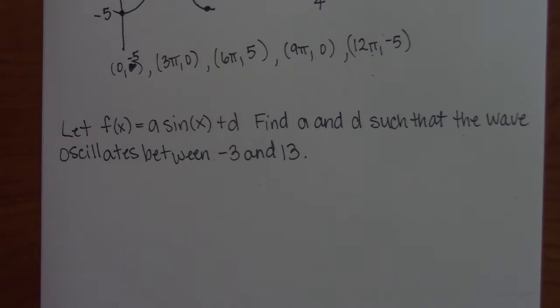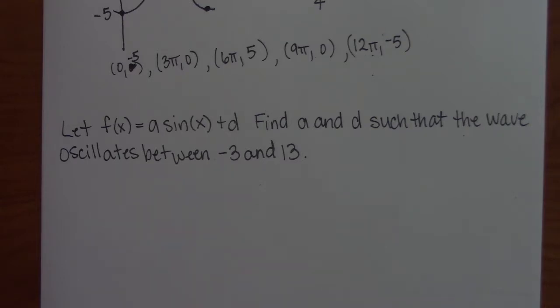Then they told you they want you to find A, which is the amplitude, and D, the vertical shift, for a wave that oscillates between -3 and 13. Oscillates just means bounce. They've actually given you the range of the wave, because that means this wave goes from -3 to 13. So we know the max and we know the min.